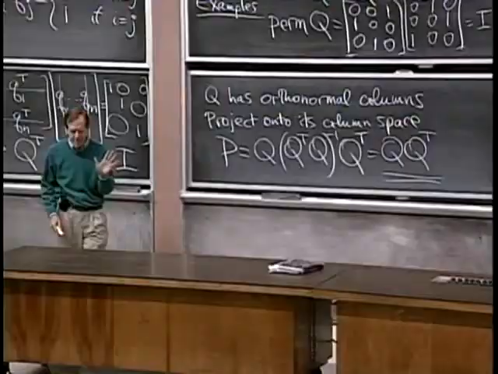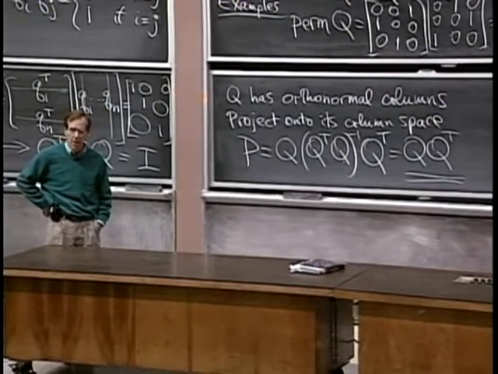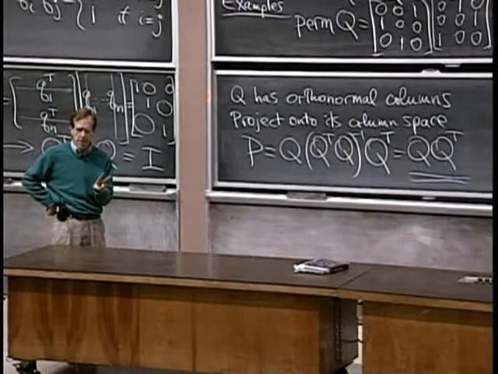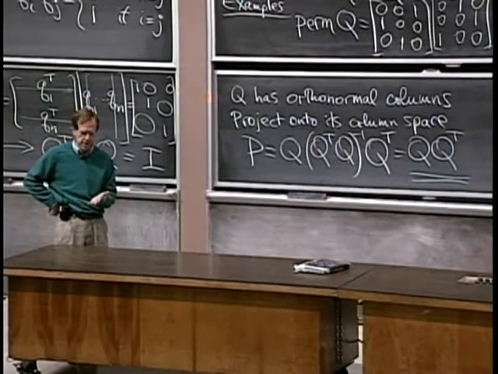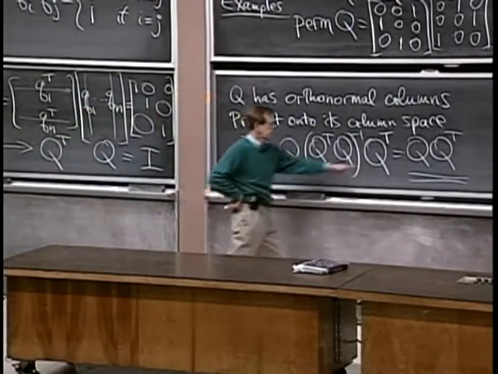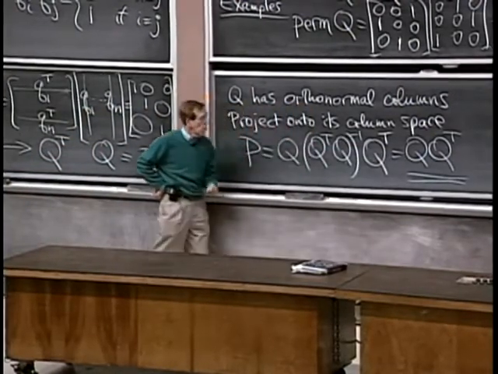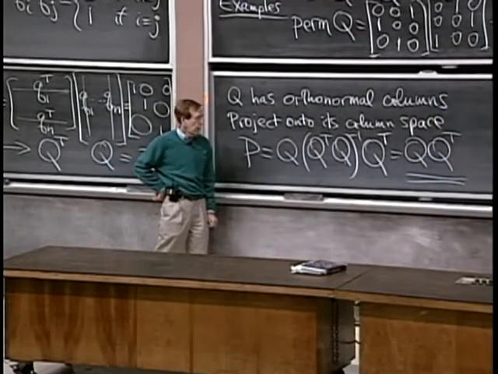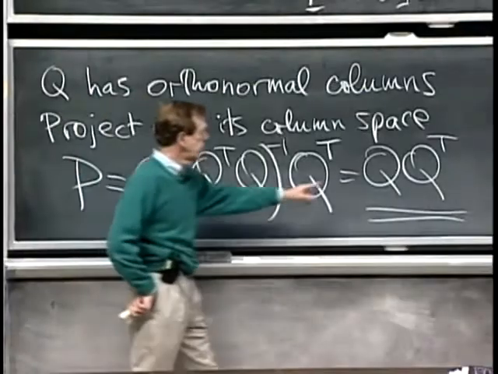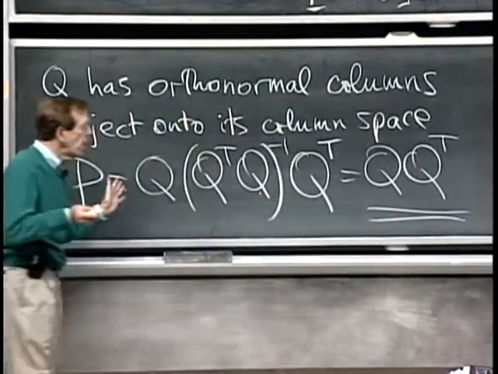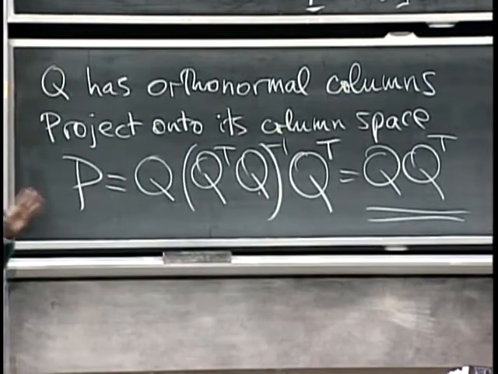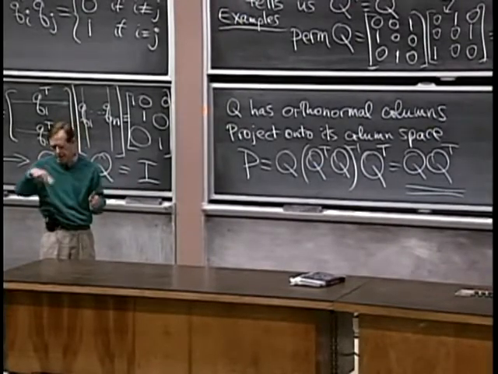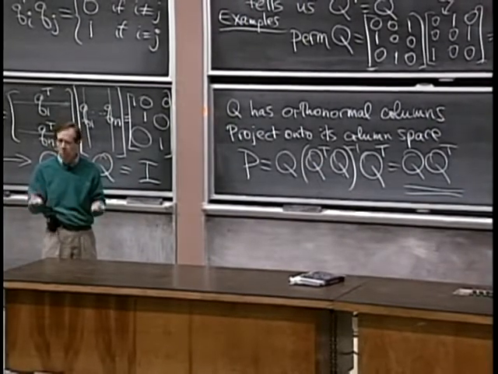Oh, I can't resist just checking the properties. What are the properties of a projection matrix? There are 2 properties to know for any projection matrix. And I'm saying that this is the right projection matrix when we've got this orthonormal basis in the columns. Okay, so there's the projection matrix. Suppose the matrix is square. First, just tell me this extreme case. If my matrix is square, and it's got these orthonormal columns, then what's the column space?